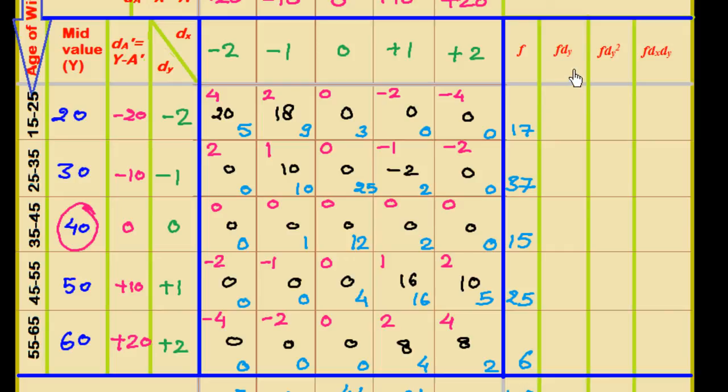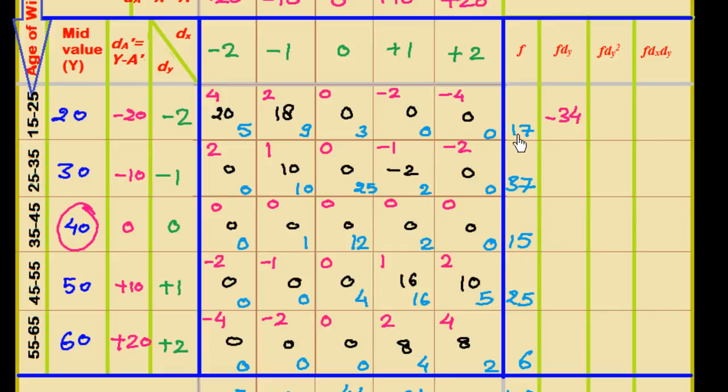Now on this second column, you see here on the right side, it is f into dy. So we have dy here and the total f is here, so we multiply minus 2 with 17 and we get f dy, it is minus 34.